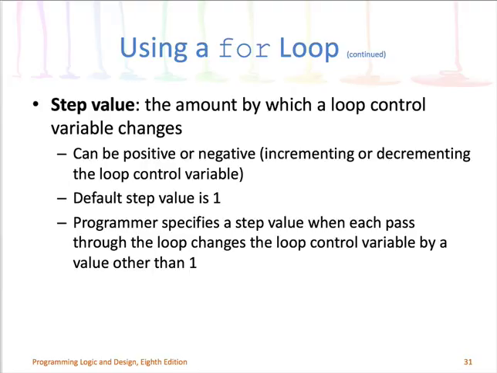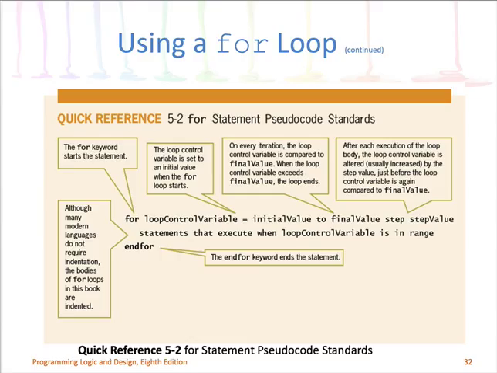If for some reason you needed to go 10, 9, 8, you could set an increment or a step of -1. If you omit the step, it is going to be an increment by 1. That is such a common thing to do that they're not going to make you type step 1. If you just omit that, the step is going to be defaulted or assumed to be 1.